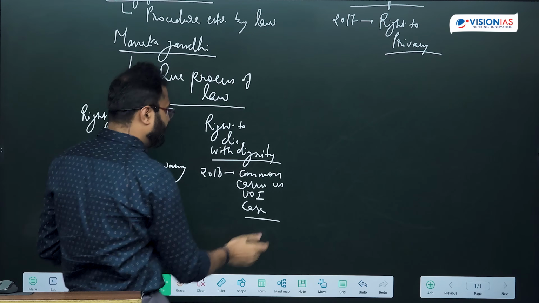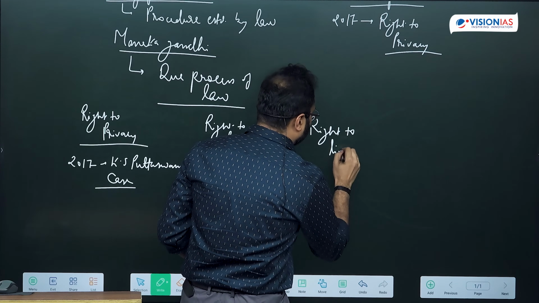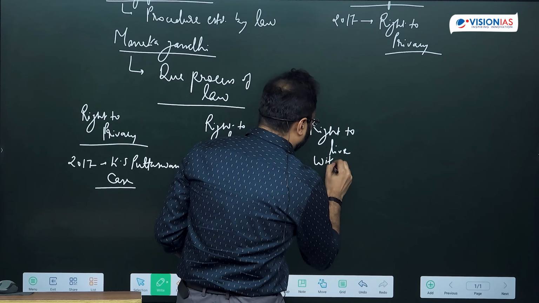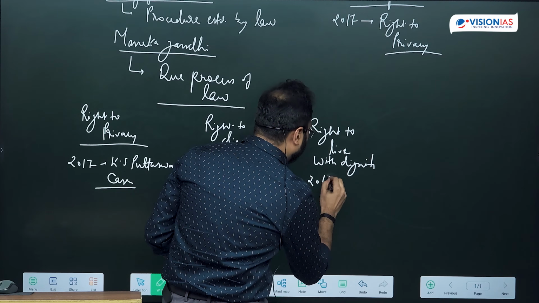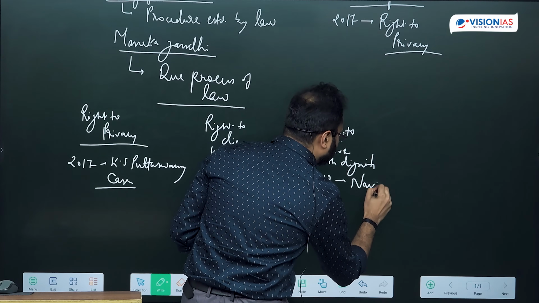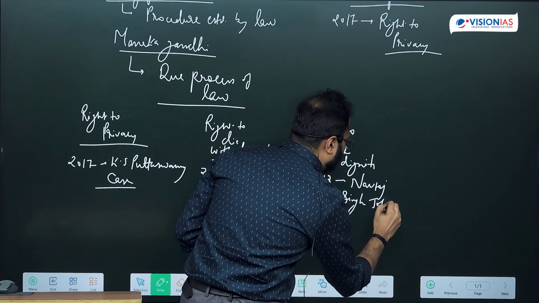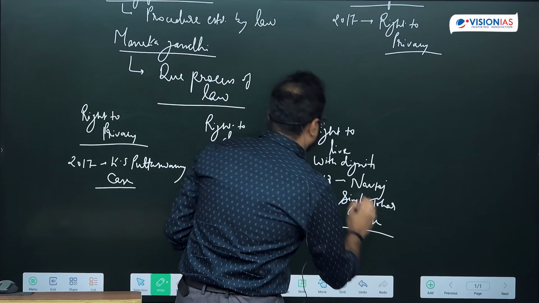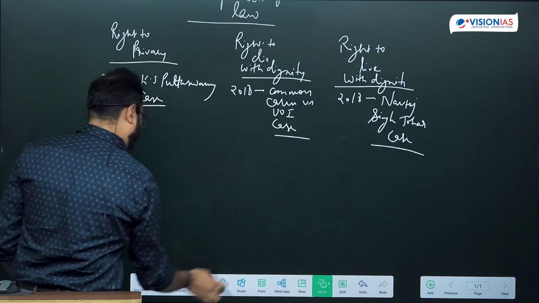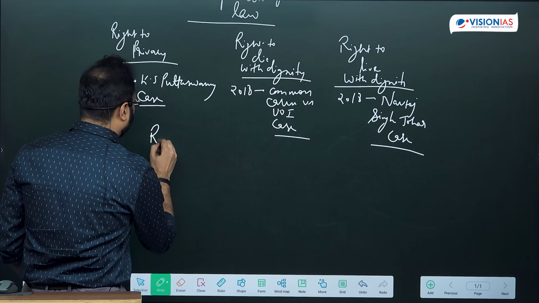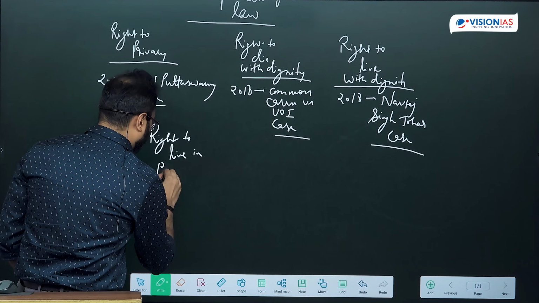Right to live with dignity, again 2018, the Navtej Singh Johar case. Right. Then apart from that, you can add further because there are multiple other interpretations. For example, the right to live in a pollution-free environment.